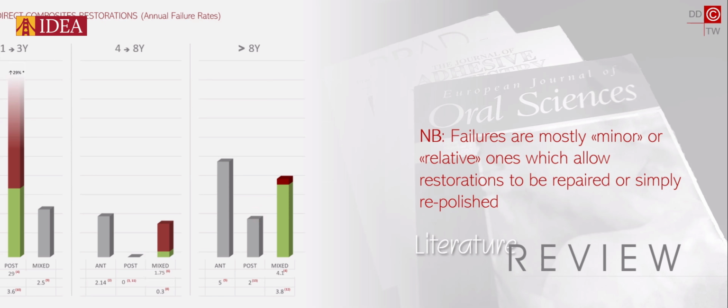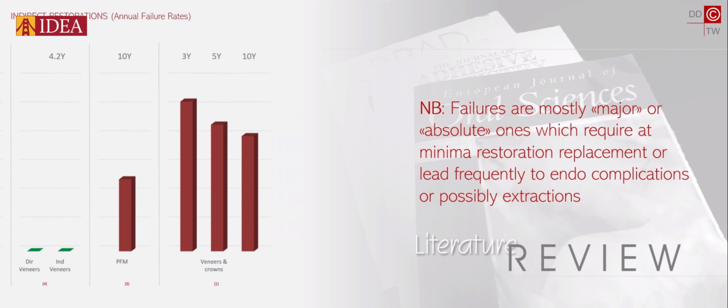But when it comes to composite, we deal mainly with minor or relative failures, which means we can repair or repolish the restorations. If you look at the data for ceramics, veneers, and crowns, 3, 5, 10 years, we have less data, by the way, for ceramics as compared to composite in the specific situation of wear cases, bruxers.